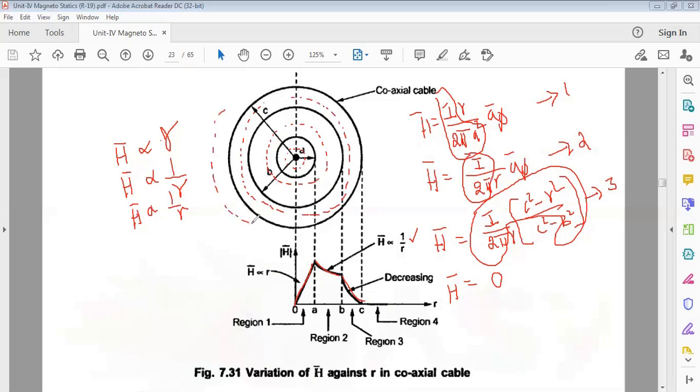In the fourth case, the Gaussian surface is outermost of the circle, H bar is equal to 0, so it goes to 0 here. In the first case, as R increases, it gradually increases up to A. In the second case, inversely proportional means it slowly decreases up to B. And in the third case there is still 1 by R, it still decreases and goes to 0. Got it, Madam? It's very, very important.